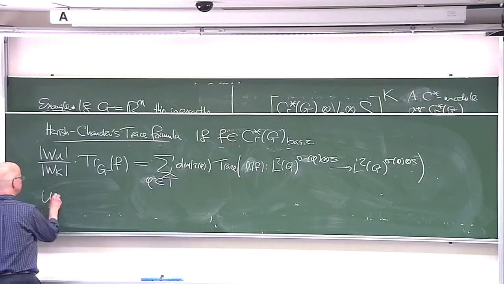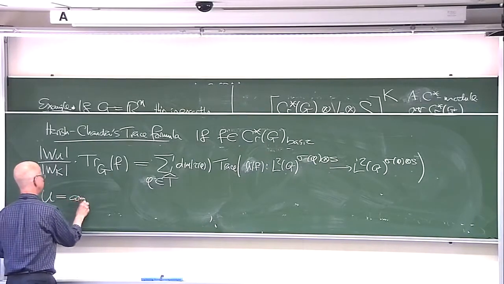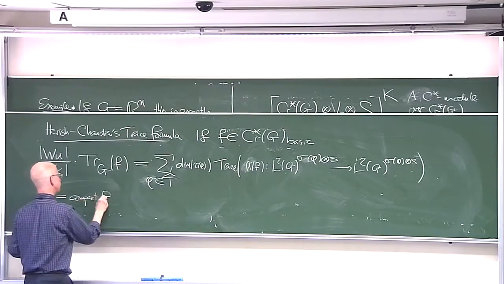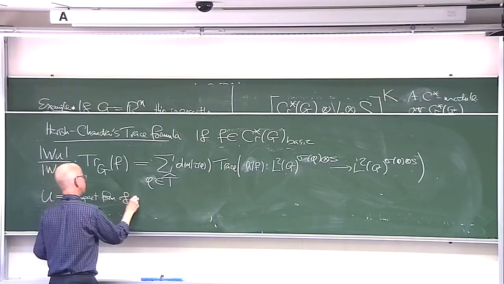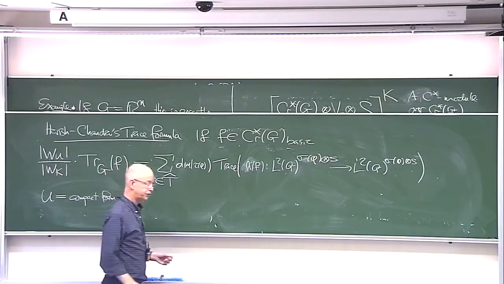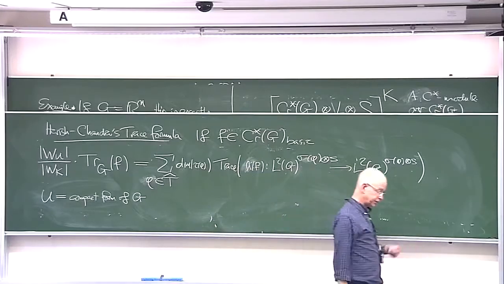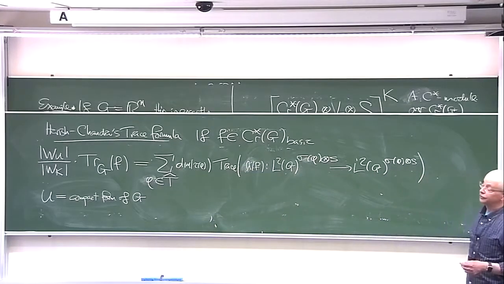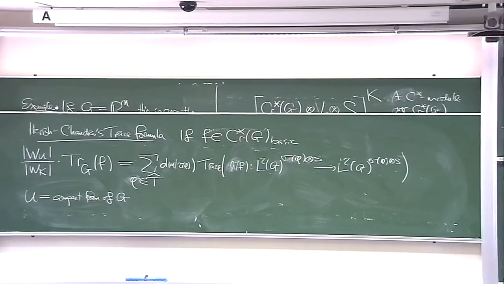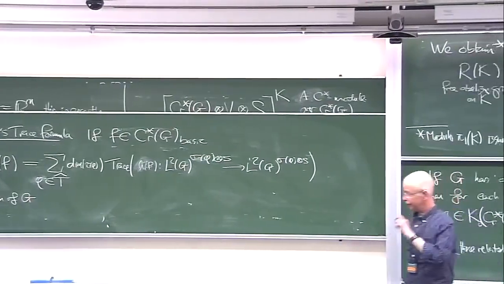First of all, U is the compact form of G. So U, like G, is a group of matrices. If G sits inside GL_n(R), then U sits inside GL_n(C), and U is always a compact group, so it's a group of unitary matrices.